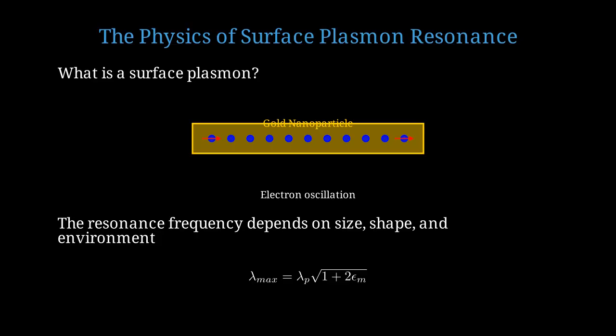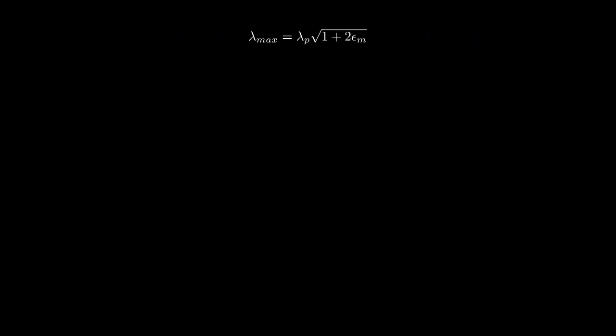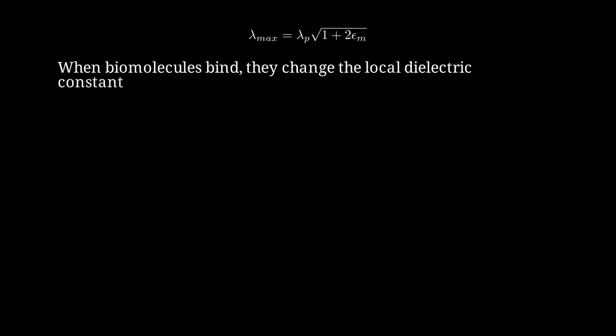The maximum wavelength is approximately equal to lambda p times the square root of 1 plus 2 epsilon m, where epsilon m is the dielectric constant of the surrounding medium. When target biomolecules bind to the nanoparticle surface, they change the local dielectric constant. This shifts the plasmon resonance wavelength, which we can measure optically.